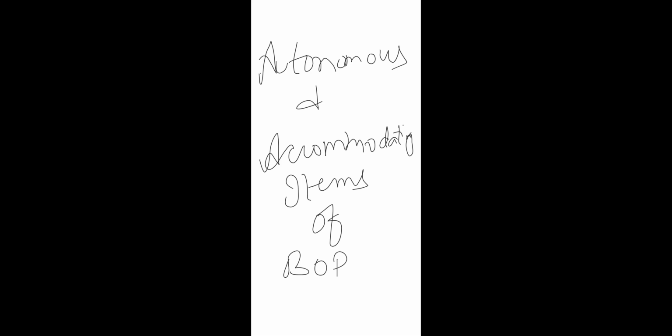Basically, these autonomous items are the transactions that are independent transactions in the balance of payment. These are influenced by the foreign exchange position of the country. These may include the exports and the imports. And these accommodating items or transactions may cover such kind of deficit or surplus that occurs in the autonomous transactions.